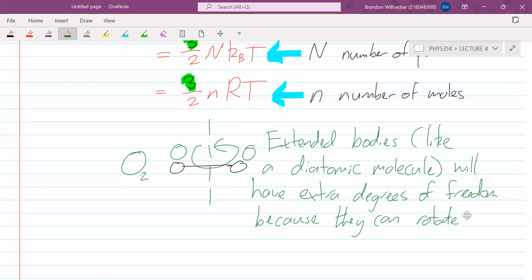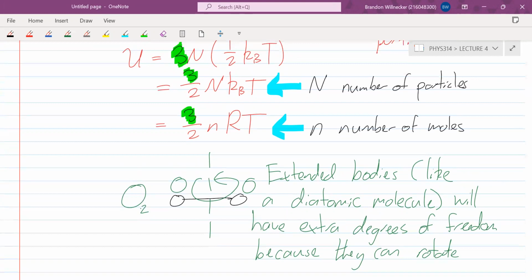Single particles can't really rotate because they're just point particles. However, if we have something extended, like this rigid body molecule, then of course you have that extra rotation around the different axes. And then you would have to add that to your total contribution. All right, any questions on the equipartition theorem?